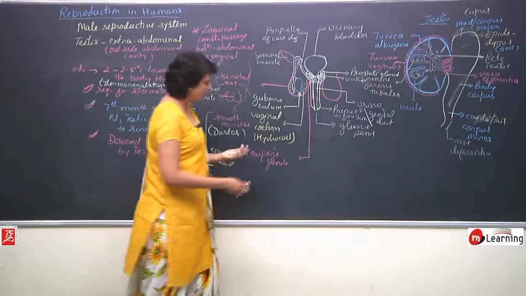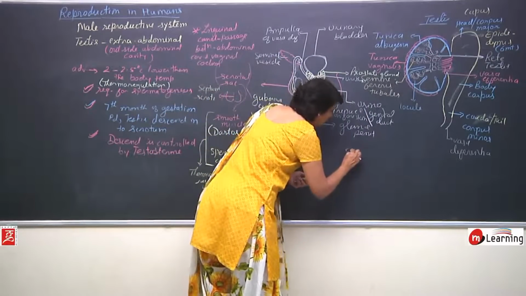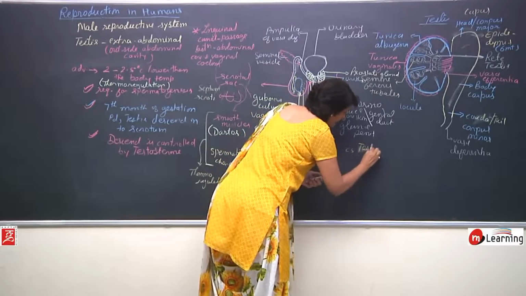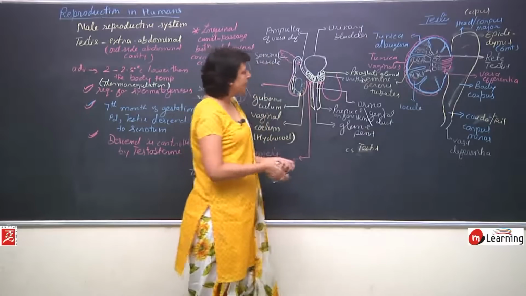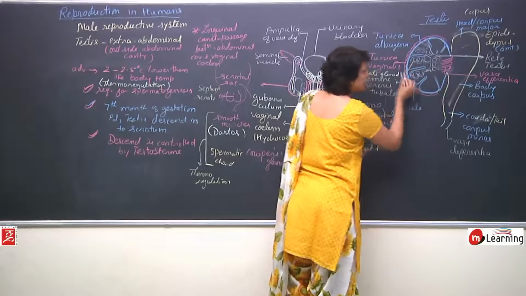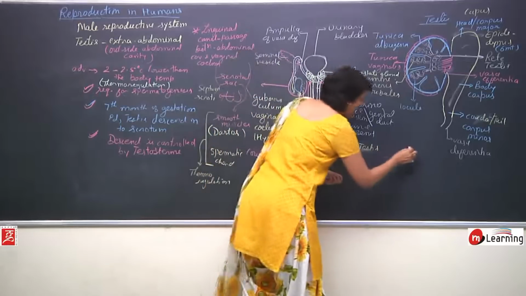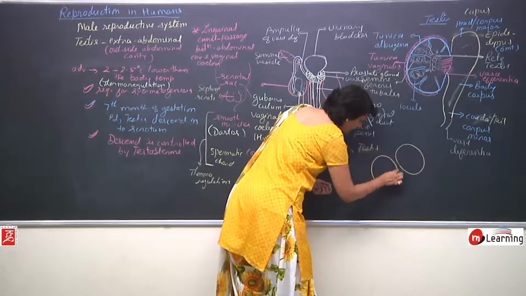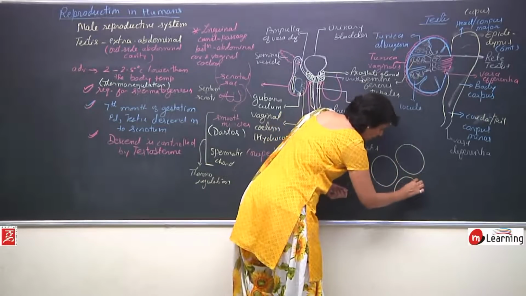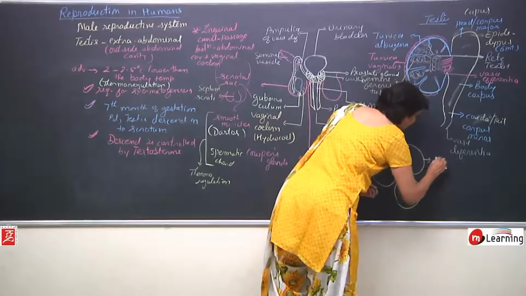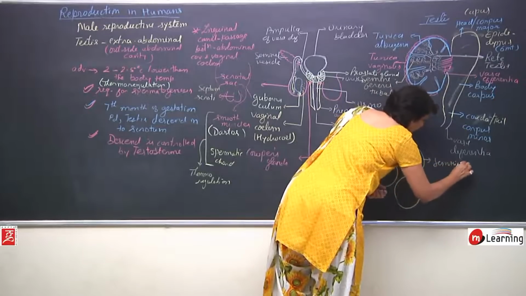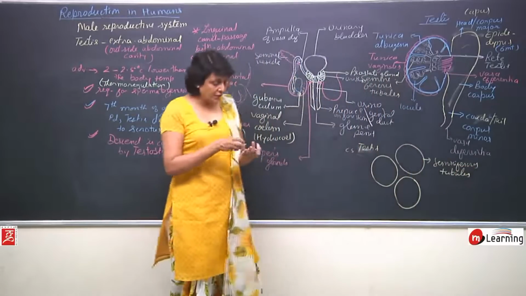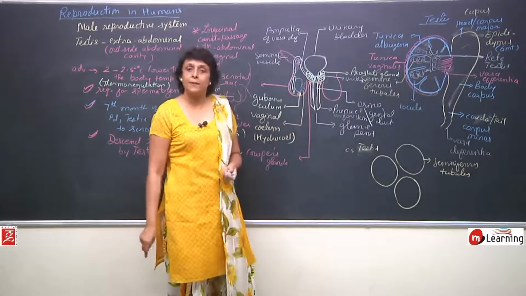Now, let us talk about what exactly is present in these seminiferous tubules. If we make a cross section of the testes, these seminiferous tubules will get cut at many places, and what we will see is these cut seminiferous tubules. These seminiferous tubules are lined by an epithelium.